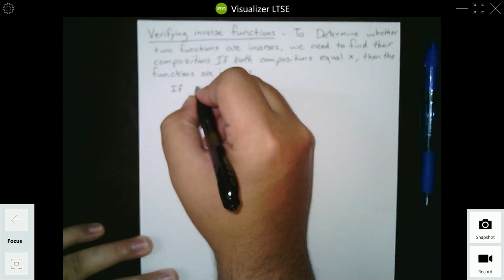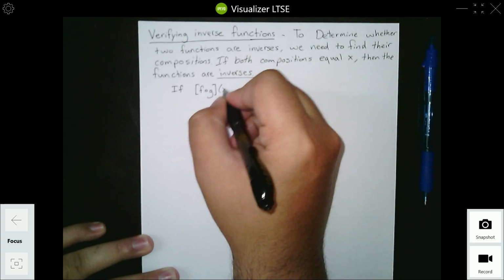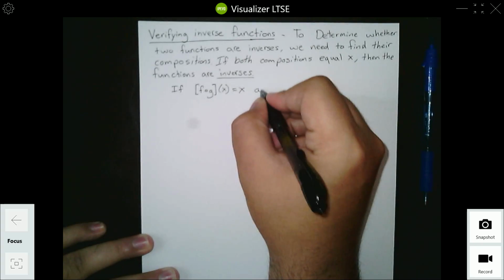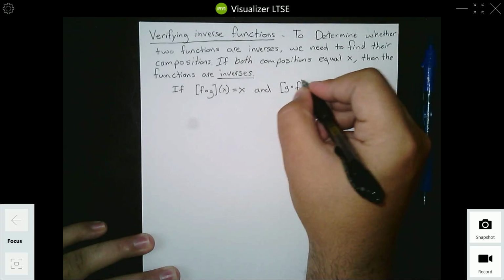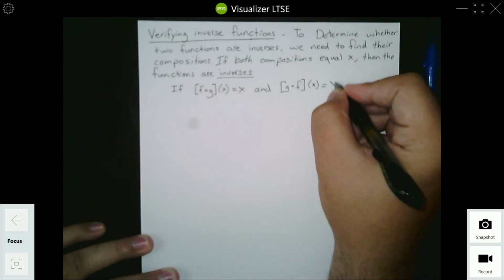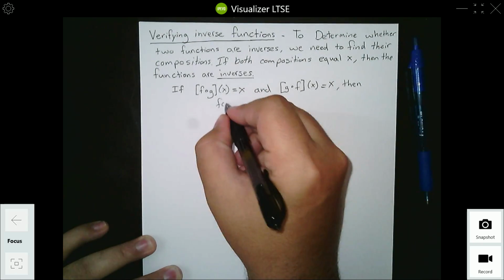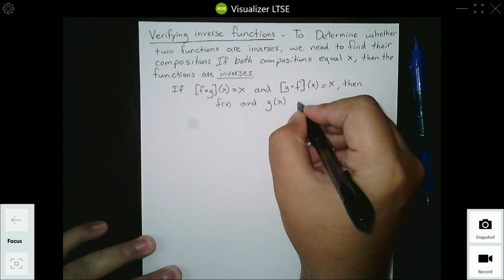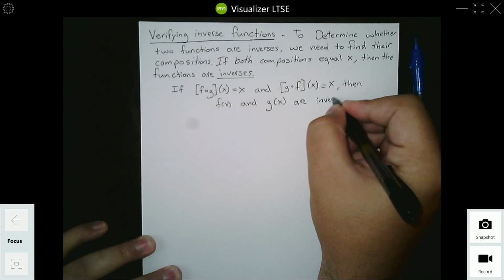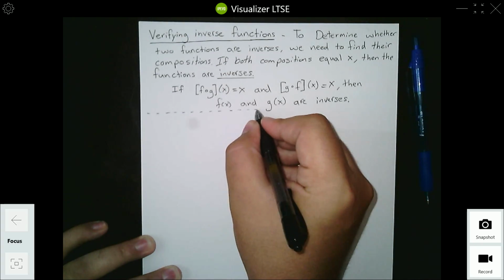If f of g of x is equal to x and g of f of x is equal to x, so if both of these compositions are equal to x, then we know that f of x and g of x are inverses of each other.